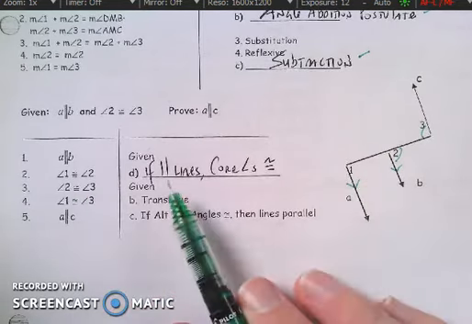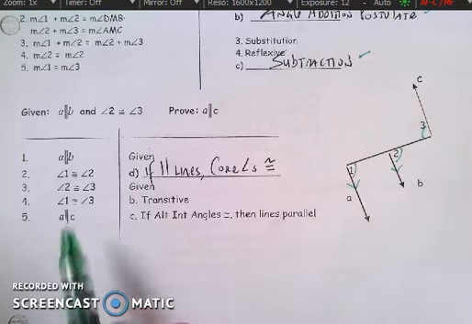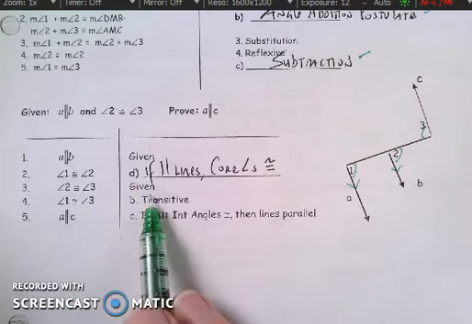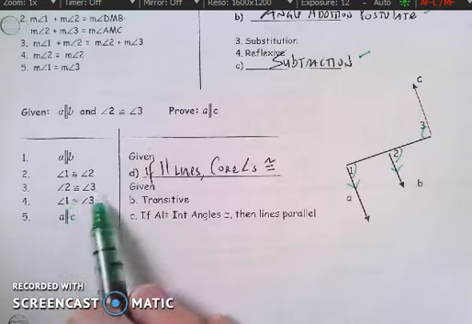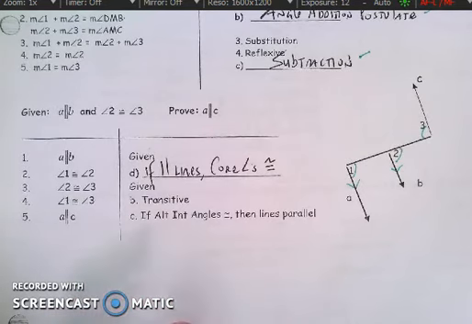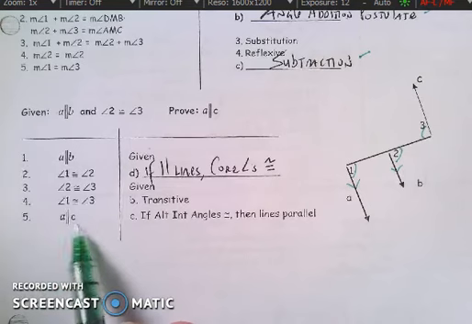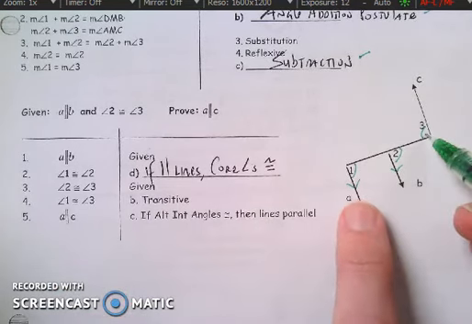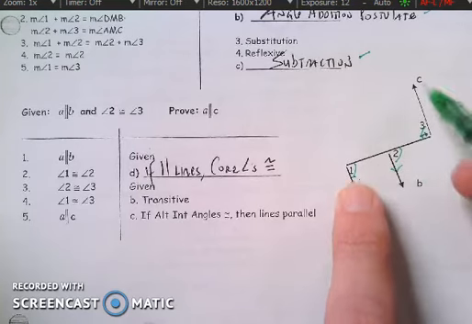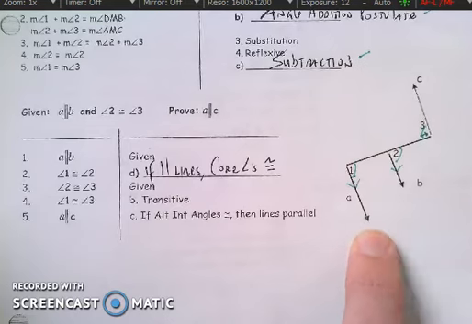That's one of our postulates, so we know that 1 and 2 are congruent. 2 and 3 are given. If we know 1 equals 2, and 2 equals 3, then 1 equals 3, that's the transitive property. And if that's true, we have 1 and 3 equal, then alternate interior angles are congruent, which they are. 3 and 1 are congruent. Then these lines, A and C, are parallel.